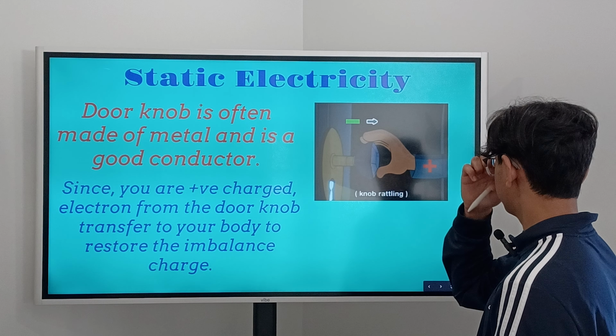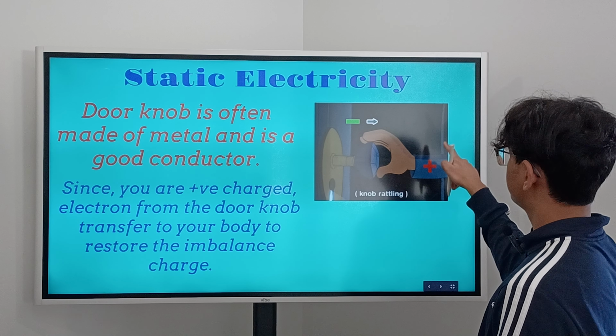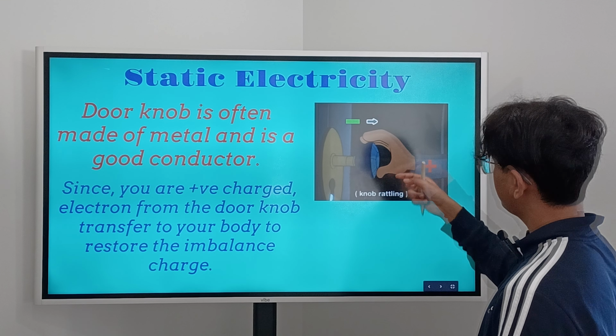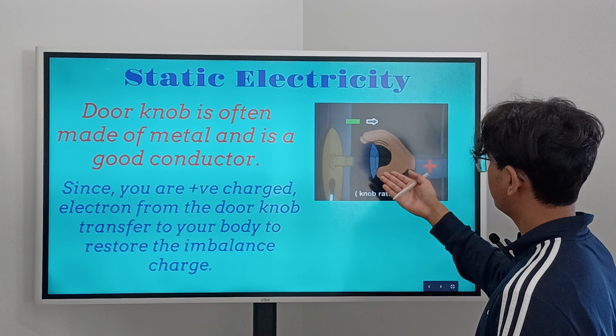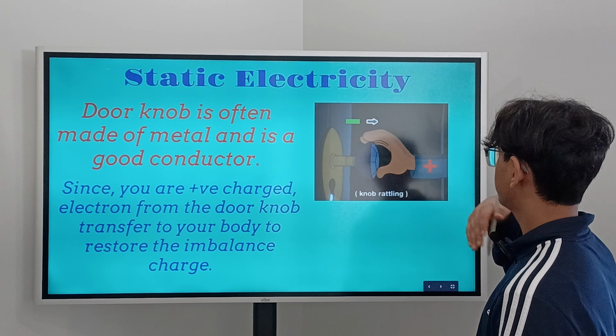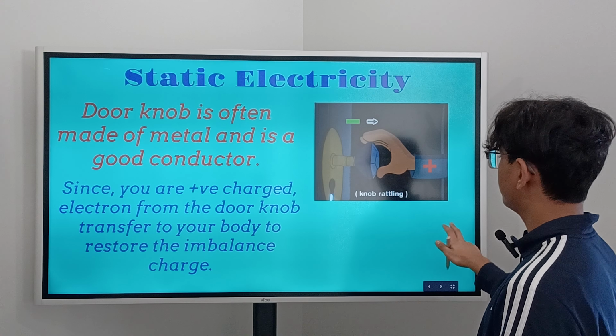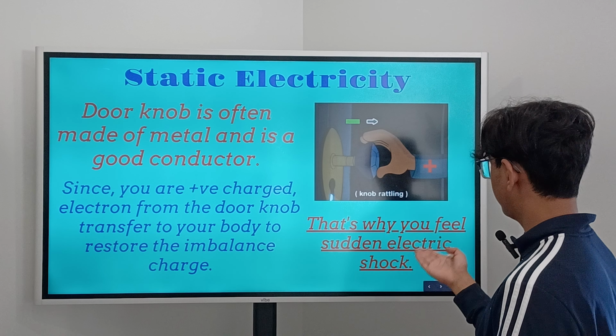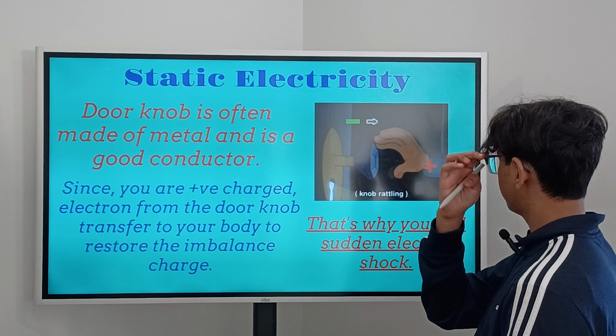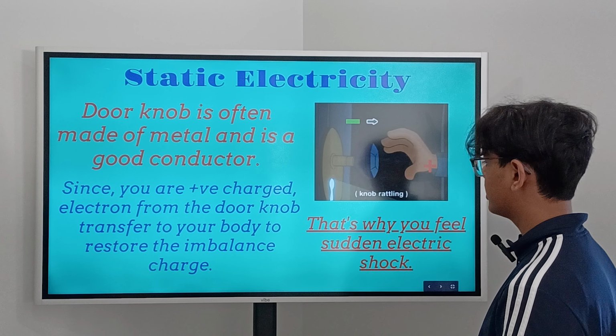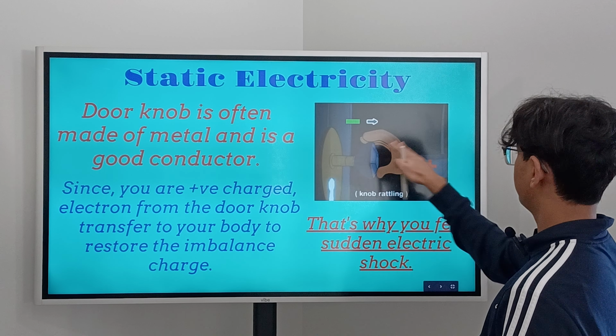That's why you feel a sudden electric shock. It's because of the imbalanced charges, and it's trying to neutralize you and the doorknob.